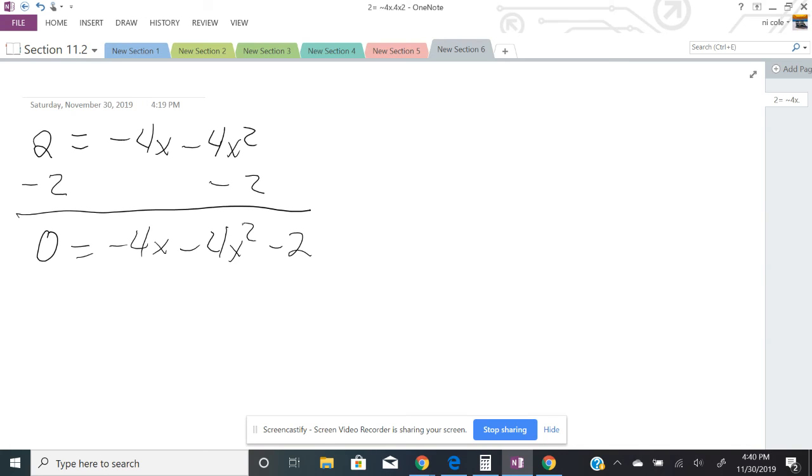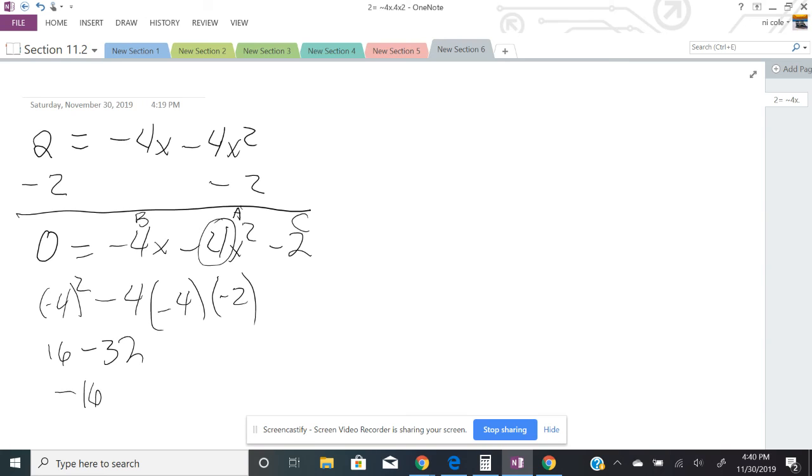This is not in descending order, so this is my a, this is my b, and this is my c. If I take negative 4, square it, minus 4 times a times negative 4 times negative 2, I'm going to have 16 minus 32, which gives me negative 16. That tells me I'm going to have imaginary solutions.